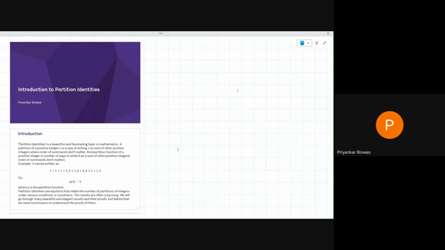Hello everyone, I am Priyankar Biswas. Today I'm going to talk about partition identities. I'm not able to hear you. A partition of a natural number is the way you can write a positive integer as a sum of other positive integers. Can others hear him? The sound is a bit wobbly.